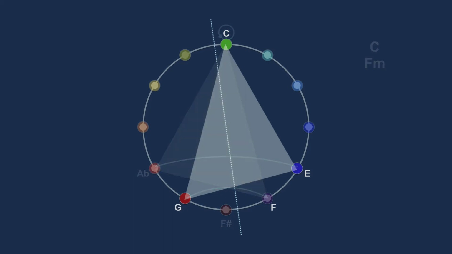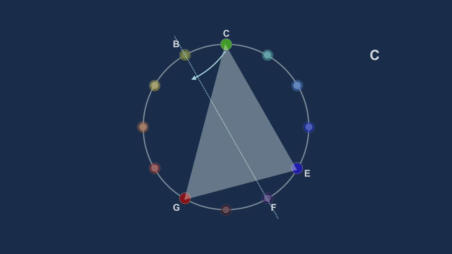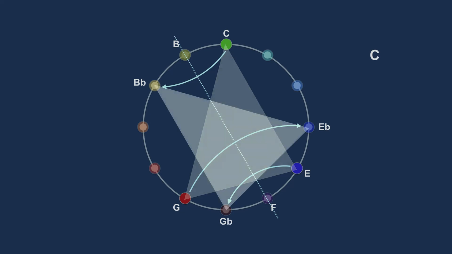Let's move the axis so that it is over pitch classes B and F. Now C maps onto B flat, E onto F sharp or G flat, and G onto E flat. Therefore, as we invert the C major triad over this axis, we obtain the E flat minor triad.